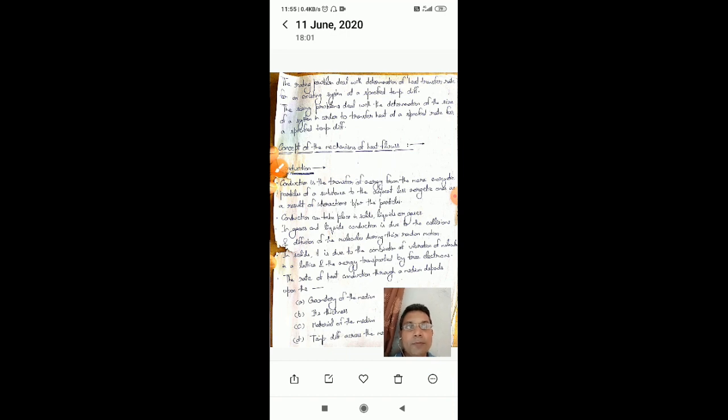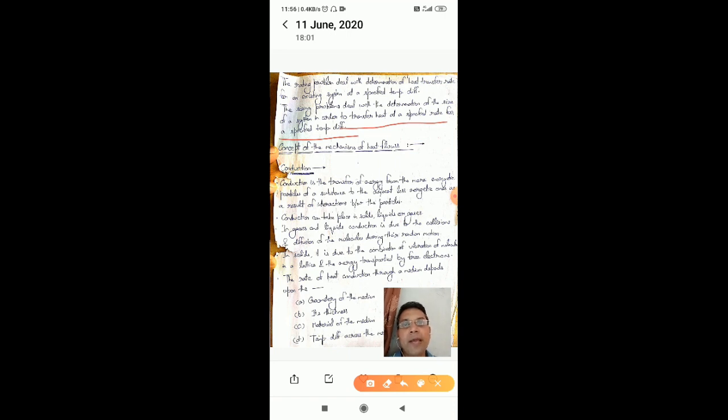The next was the size problem. What was the size problem? The size problem deals with how much should be the size of the equipment. Just listen to it again: what should be the size of the equipment.